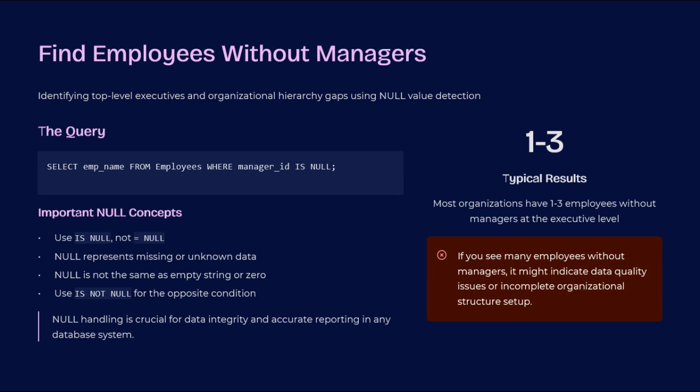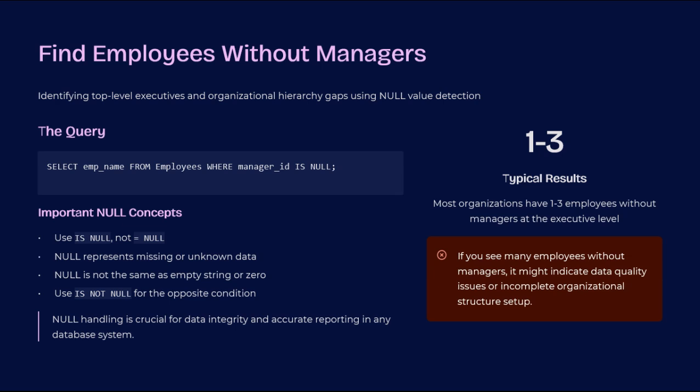So find employees without manager. So query will be select emp underscore name from employees where manager underscore id is null. So please note down important null concepts. Use is null, not is equal to null. Null represents missing or unknown data. Null is not the same as empty string or zero.